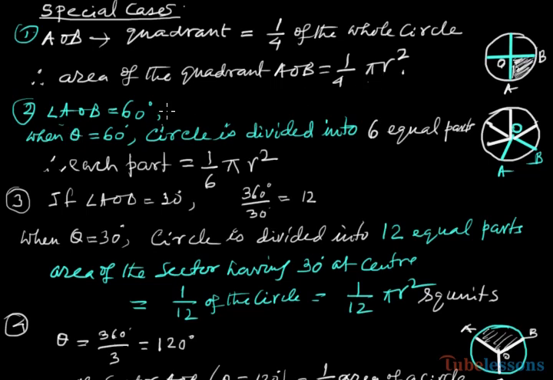When it is 60 degree, 360 degree, so we'll get 6. That is, when theta is 60 degree, circle is divided into 6 equal parts. So each part is equal to 1/6 pi r square is the area of the sector.